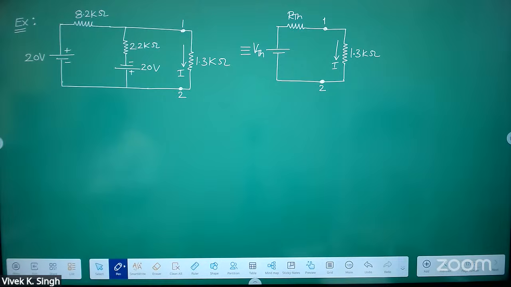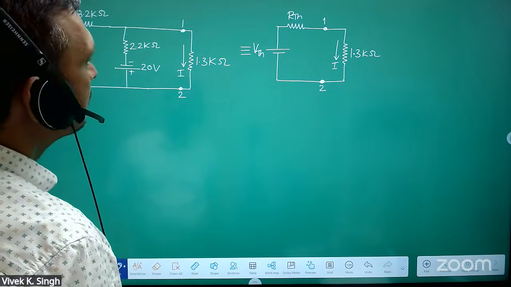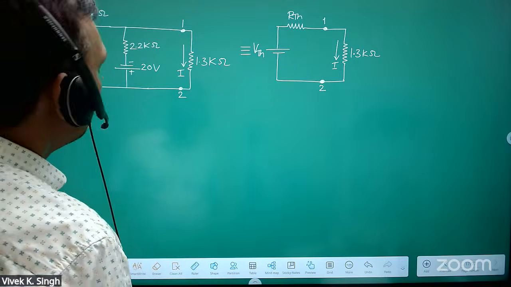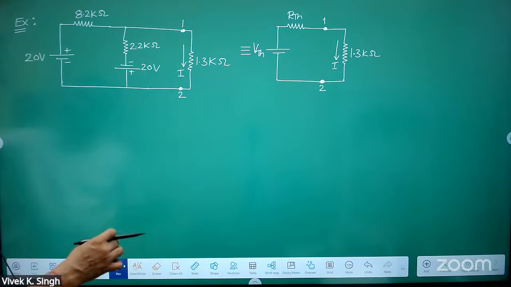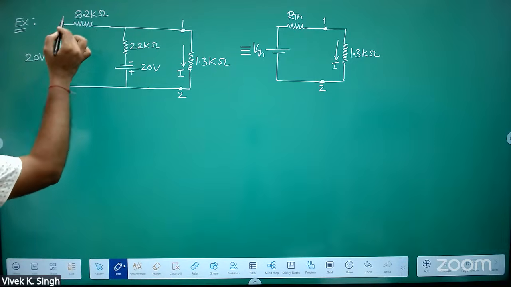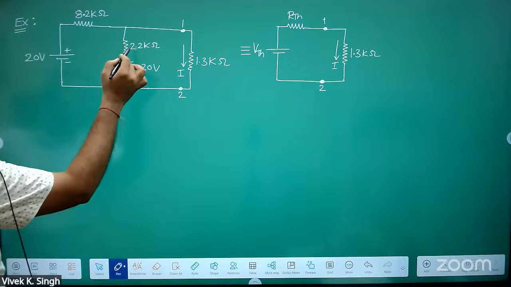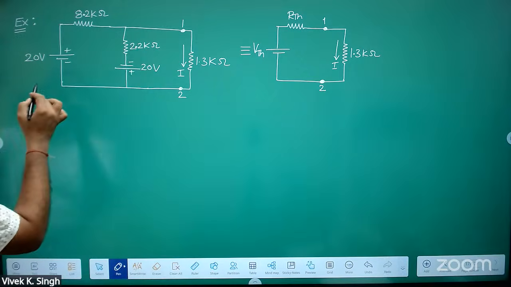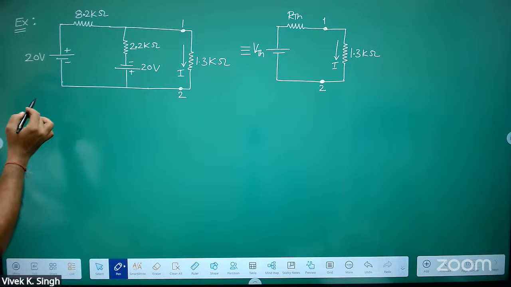This is 8.2 kilo ohm. This is 2.2 kilo ohm. So let's see what will be VTH.